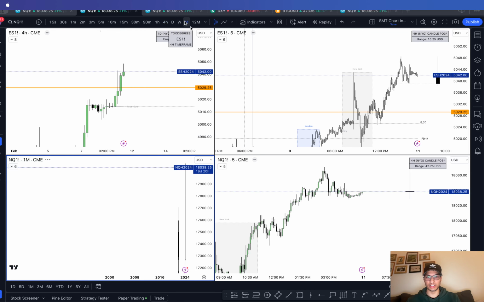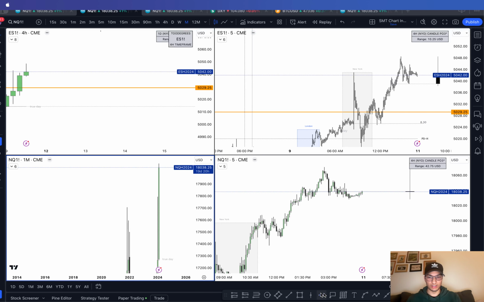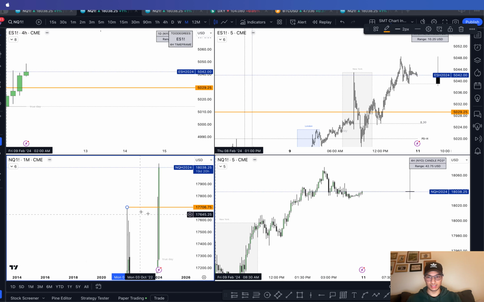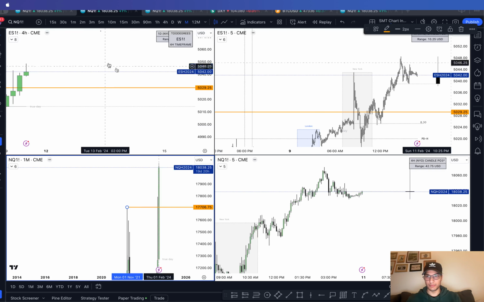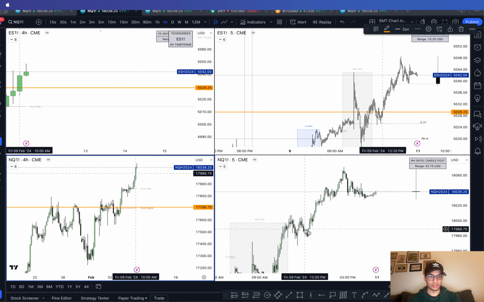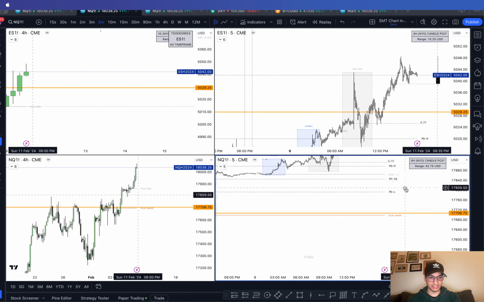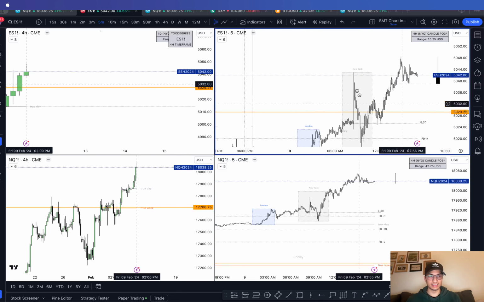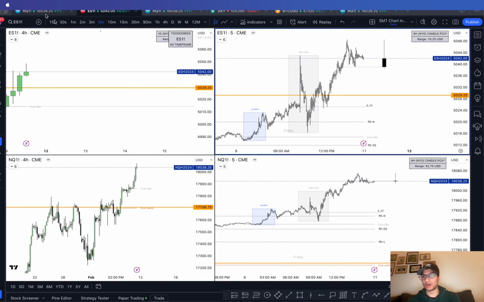If we go to a monthly chart on both, you'll see our all-time highs are here on NASDAQ. We'll put this in gold, and we'll sync this into both. Okay. So here's our all-time high on NASDAQ, and here is our all-time high on ES. Finally, we have symmetry, and we don't have the SMT.